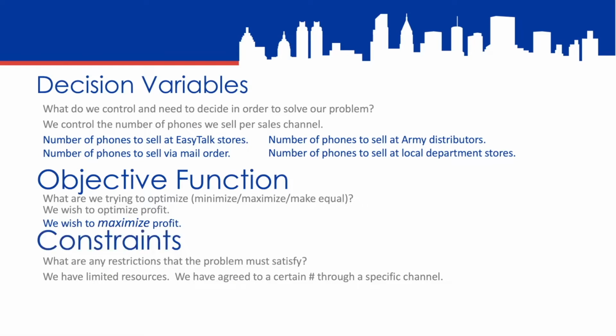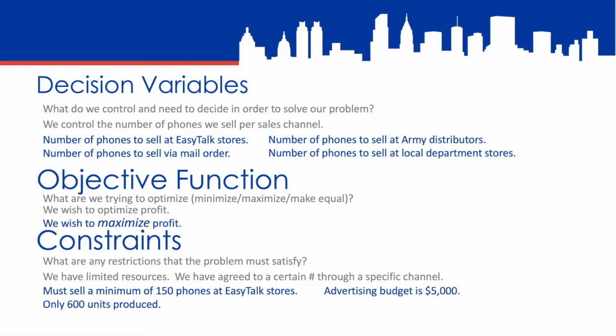We have a few constraints, and they are: we must sell a minimum of 150 phones at EasyTalk stores. There are only 600 units produced. Our advertising budget is $5,000, and we only have 1,800 sales hours to use.